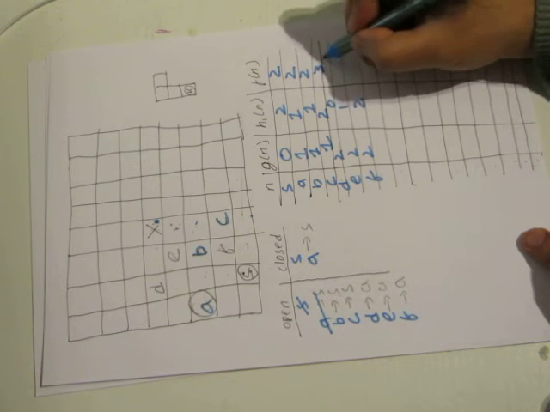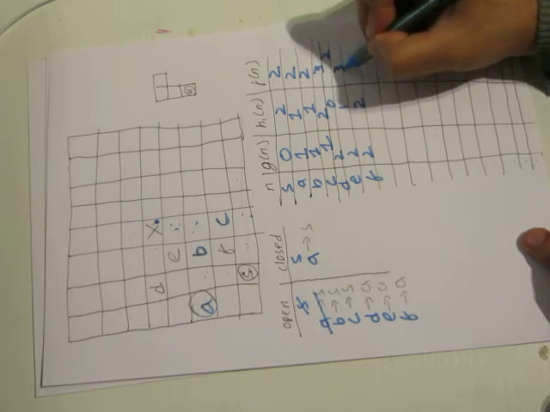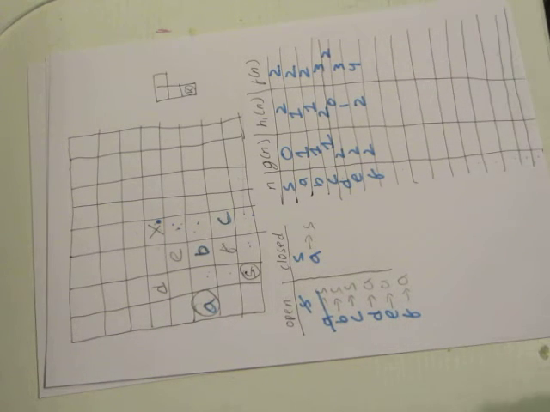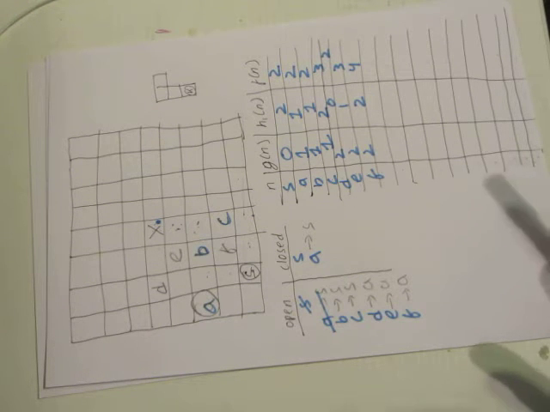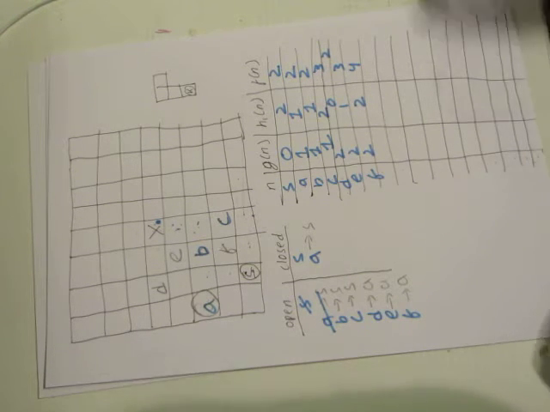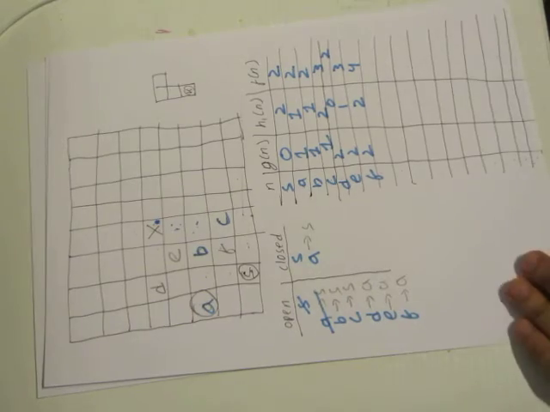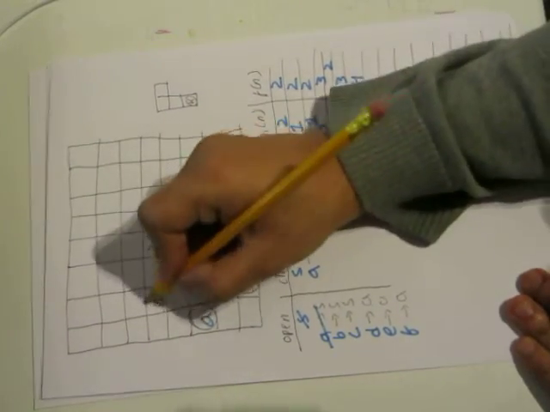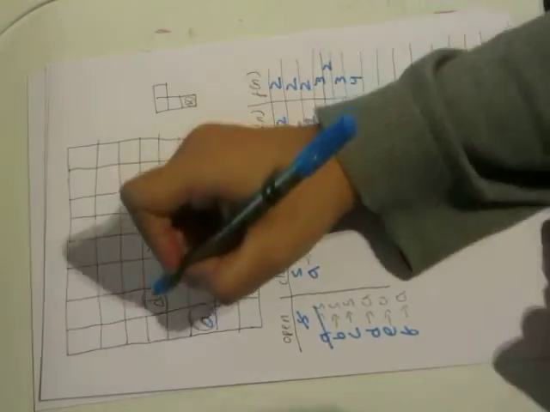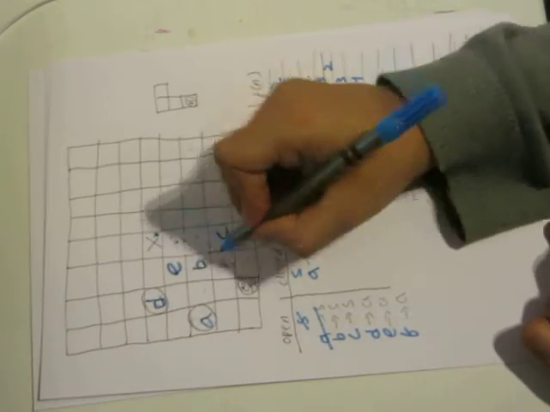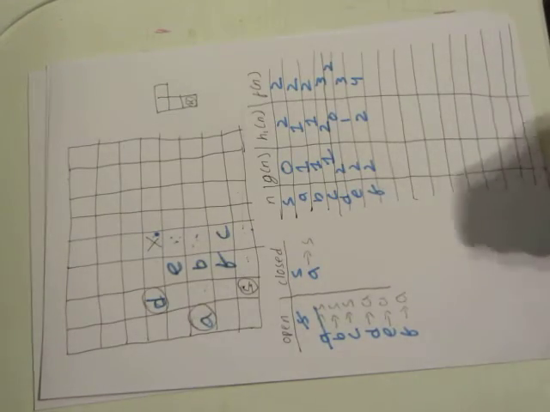So when you add, it becomes 2, 3, 4. Now since D has the smallest value, we choose D for the expansion. So we go to D, and just not to be confused, I'll make it bold.